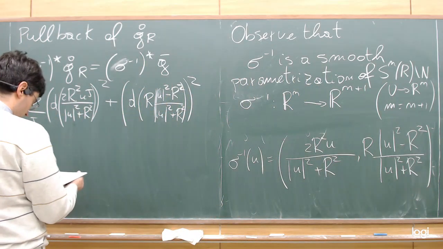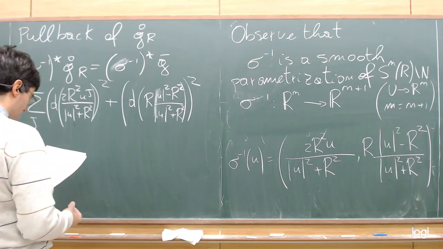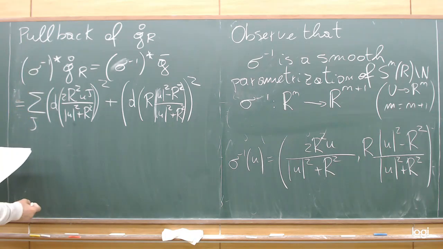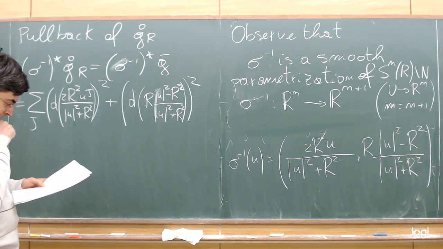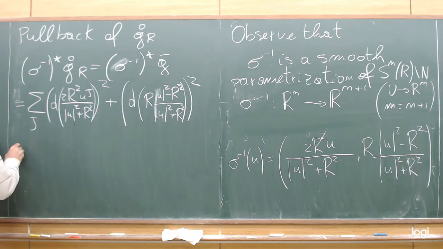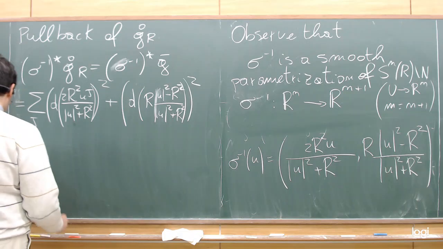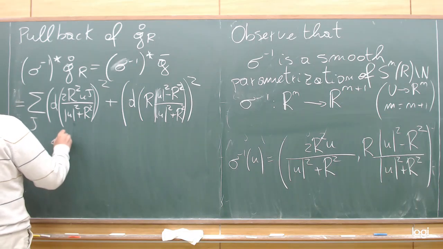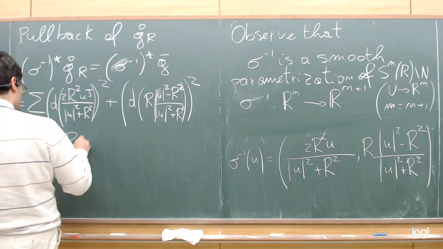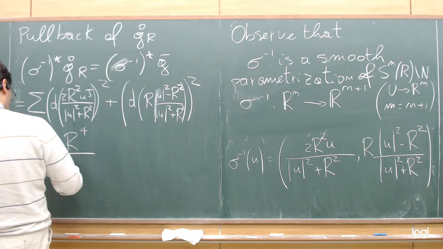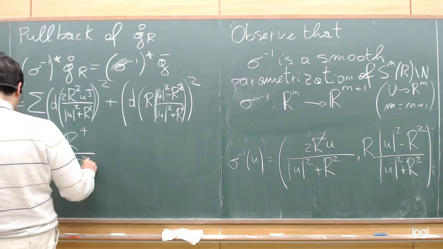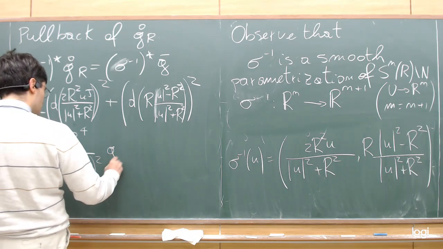There are some computations to do. You will find the details in the textbook. It's possible to find that this is equal to 4R^4 over (|u| squared plus R squared) squared times g bar.